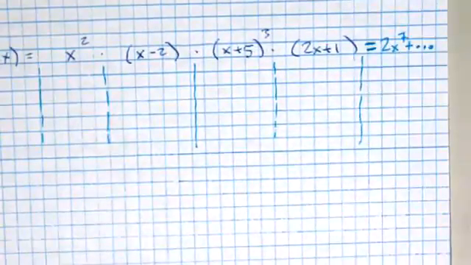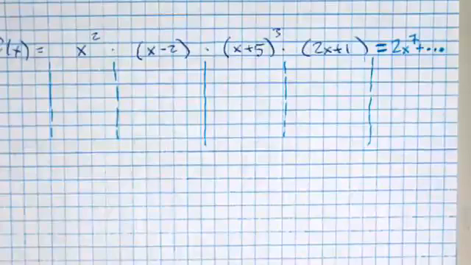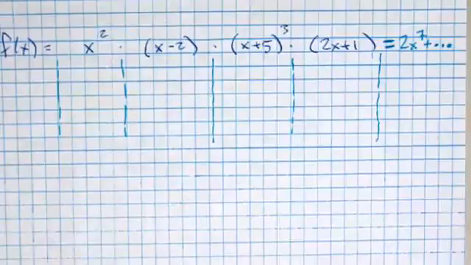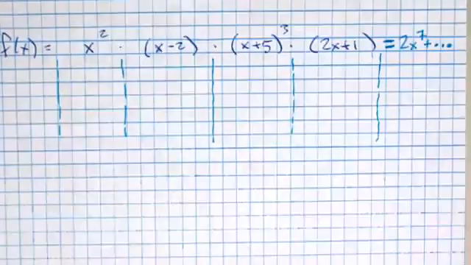Not for this one. We will a little bit later, but not for that many factors. But we can agree that if we were to write out the polynomial, 2x to the 7th would be the first term. Are we okay with how we got that? We'll come back to that in a moment when we talk about end behavior. But right now, let's talk about zeros.